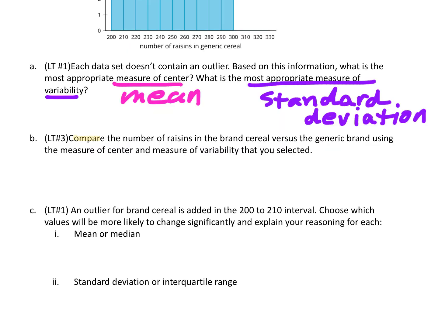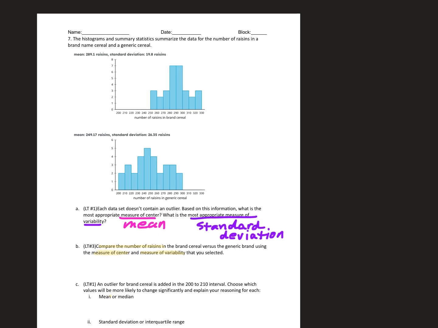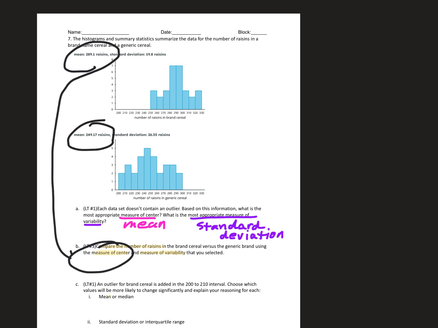Part B asks you to compare using the measure of variability and the measure of center that you were given. And it actually gives this information to you. I've got to zoom out here a little bit. So the measure of center is given to you by the mean in each data set.